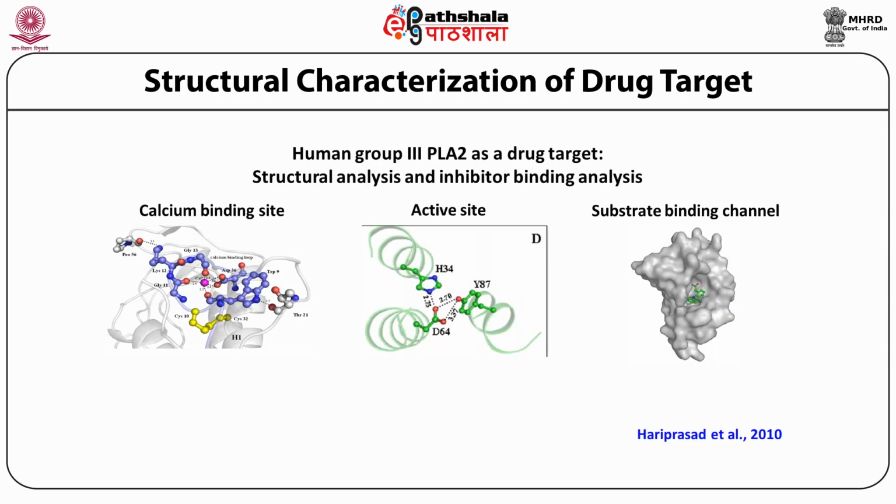Protein structure prediction also becomes important from the perspective of characterizing a protein as a drug target. For example, the human group 3 phospholipase A2 is a potential drug target for inflammation, atherosclerosis, and cancer. Therefore, an understanding of the three-dimensional entity becomes very integral to designing small molecule inhibitors.